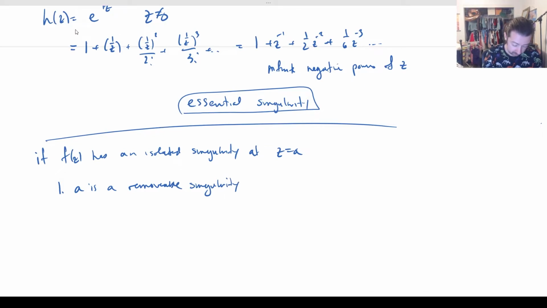And the condition for this, the definition for this, is that the limit as z goes to a of z f of z is equal to 0. This is called the Riemann condition.